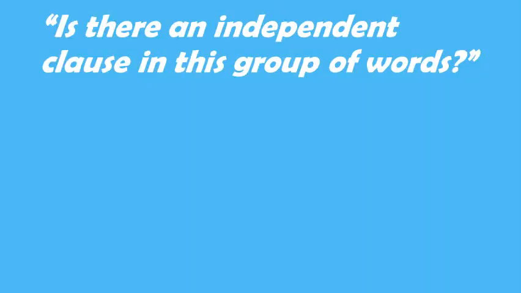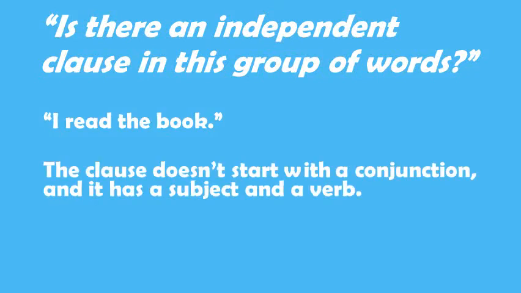But just because a group of words is a clause does not mean that it's a sentence. So we have to ask ourselves another question. Is there an independent clause in this group of words? So let's look at those words again. I read the book. So this clause doesn't start with a conjunction, and it has a subject and a verb.